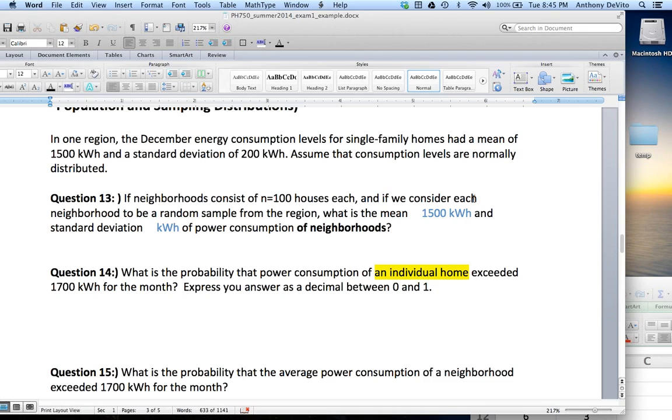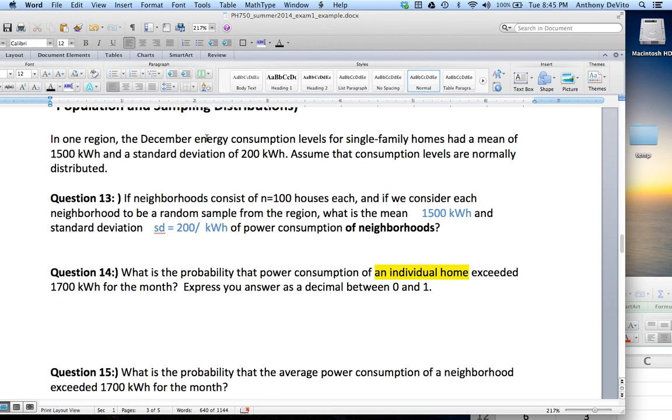Okay, but the standard deviation of those repeated samples of size 100 is going to be different. It's going to be related to that 200: it's going to be equal to the standard deviation of the population, which is 200, but divided by something. What's it going to be divided by?